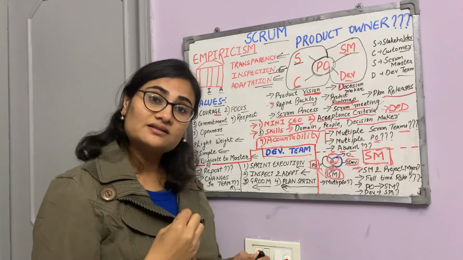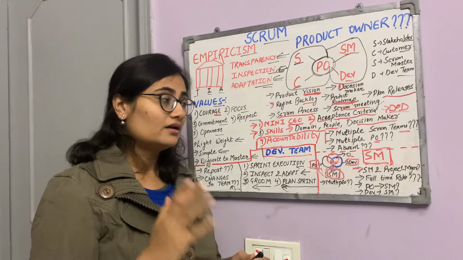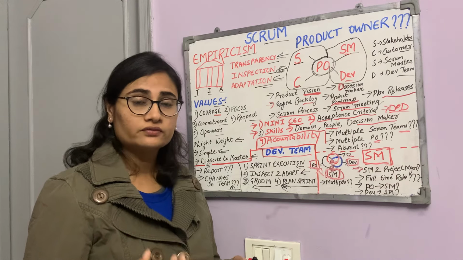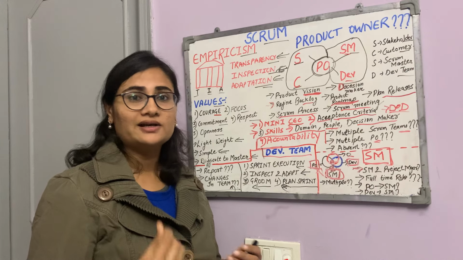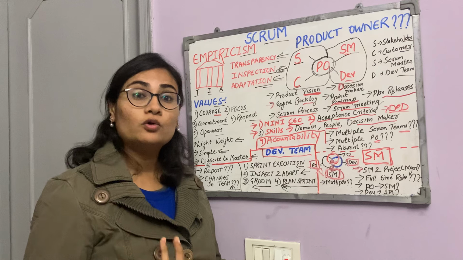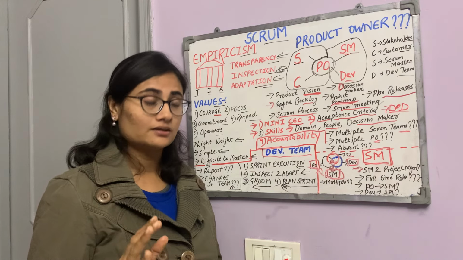Project manager has the authority to take decisions, which Scrum Master doesn't have. Project manager also does a lot of project related work such as budgeting of the project, reporting of that project. That is not done by Scrum Master.